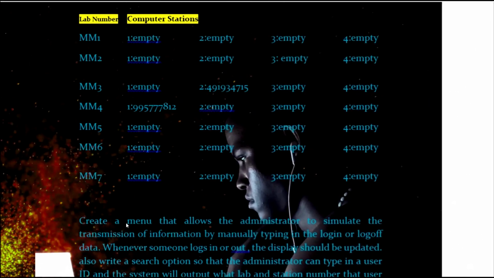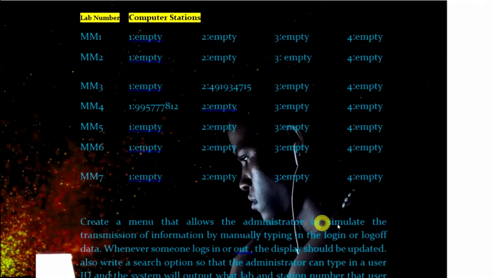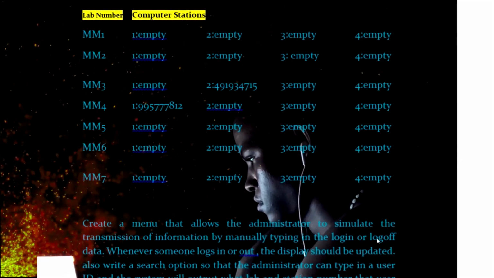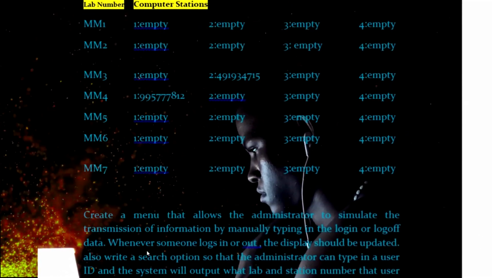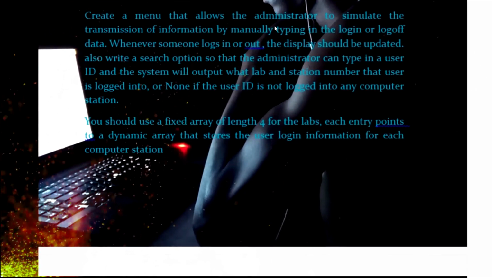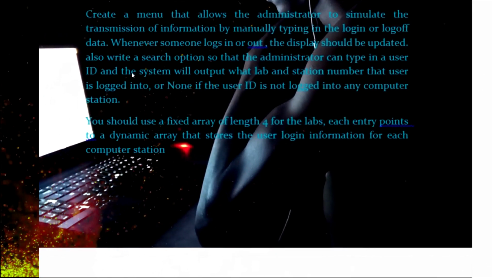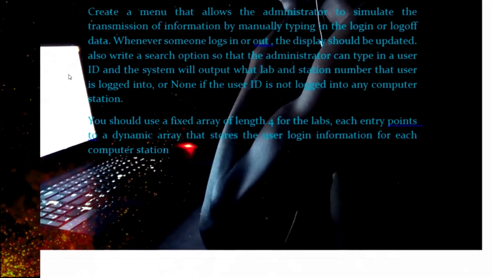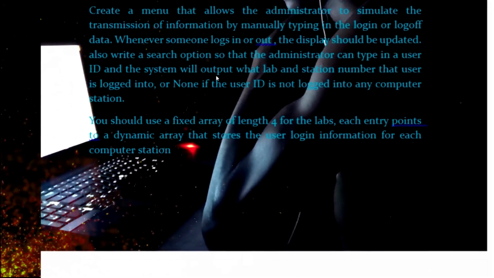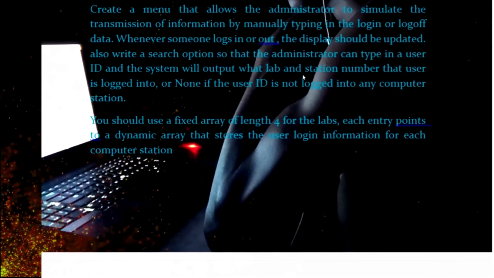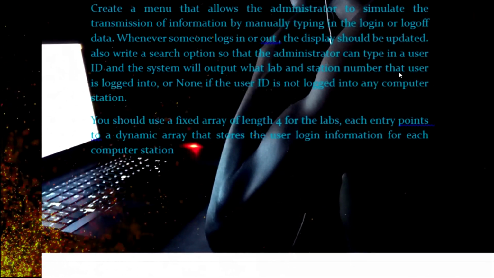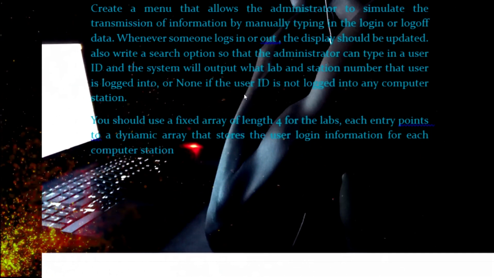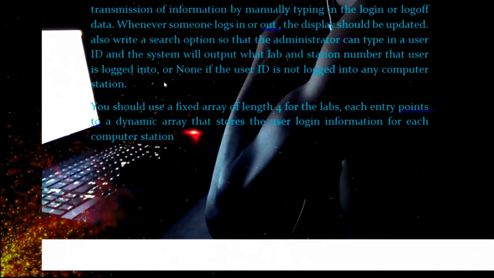Now create a menu that allows the administrator to simulate the transmission of information by manually typing in the login or logoff data. Whenever someone logs in or out, the display should be updated. Also write a search option so that the administrator can type in a user's ID and the system will output what lab and station number that user is logged into, or none if the user is not logged into any computer station.